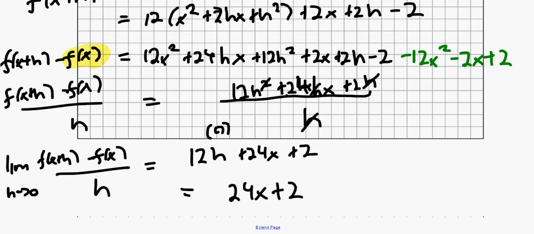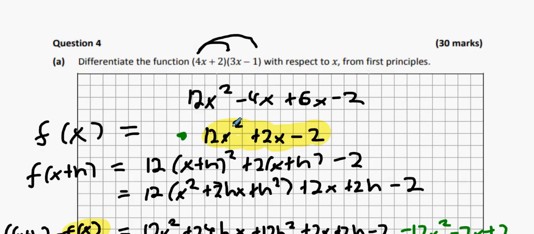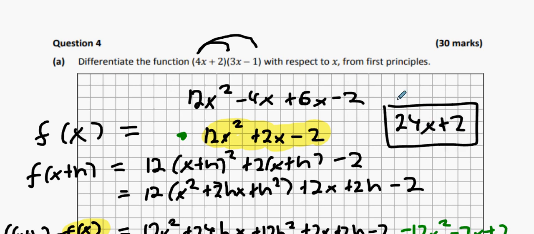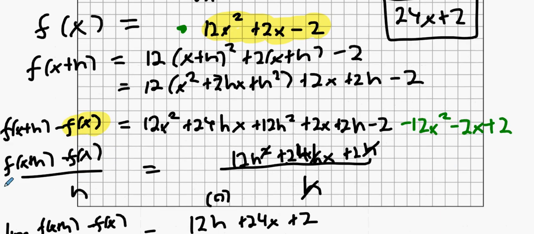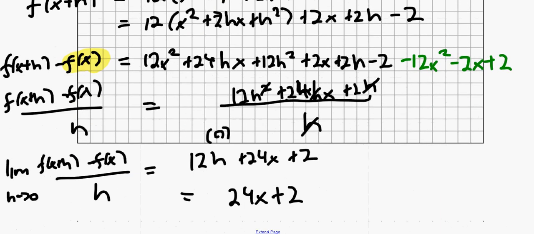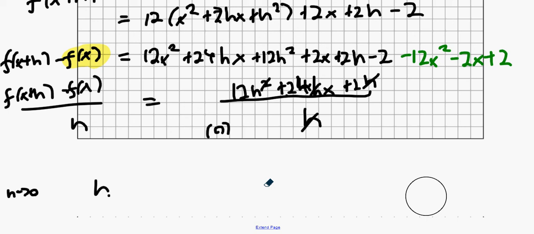Now if you go back to the very beginning, if you differentiate this normally, you'll get 24x plus 2 anyway. So look, you knew what answer you were getting at the beginning. Alright, and that's the full procedure for differentiation from first principles.